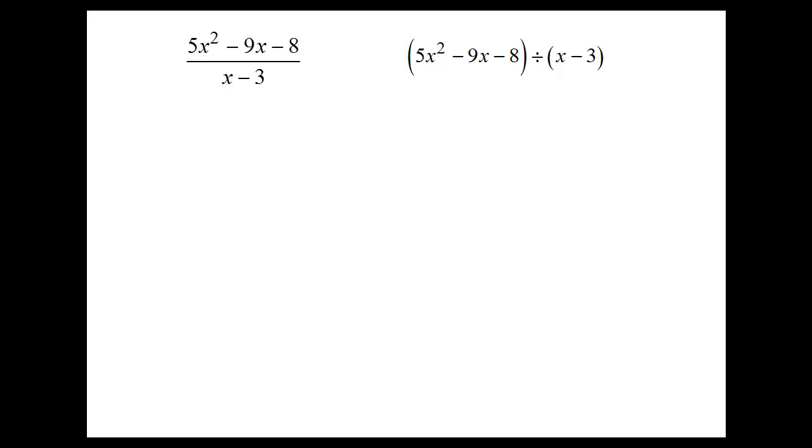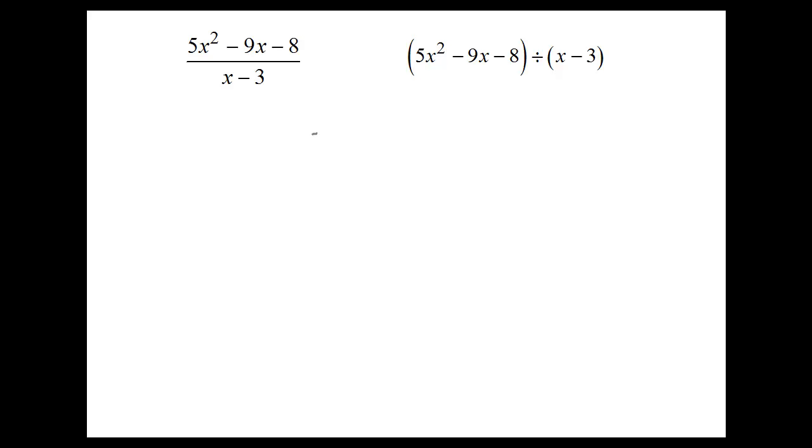So the first thing we want to do is start by writing the problem set up like a division problem. Sometimes I call this writing the problem inside out. However it's written, whether you have a fraction with one polynomial on top and a second one on the bottom, or written out horizontally, you're going to start by writing the first polynomial that you see.